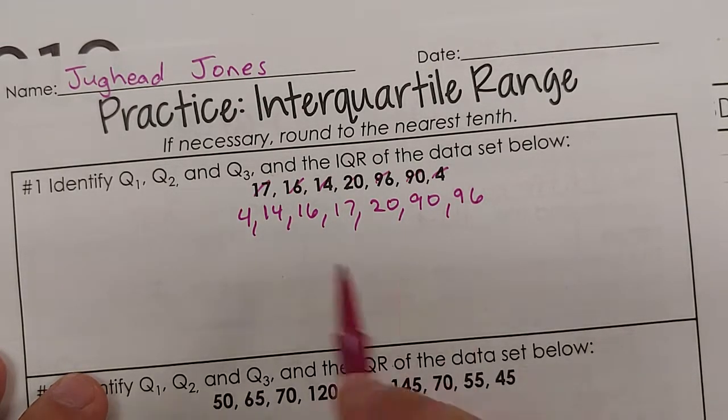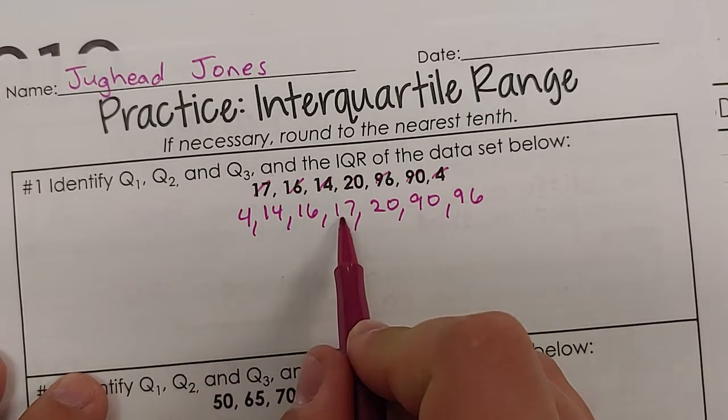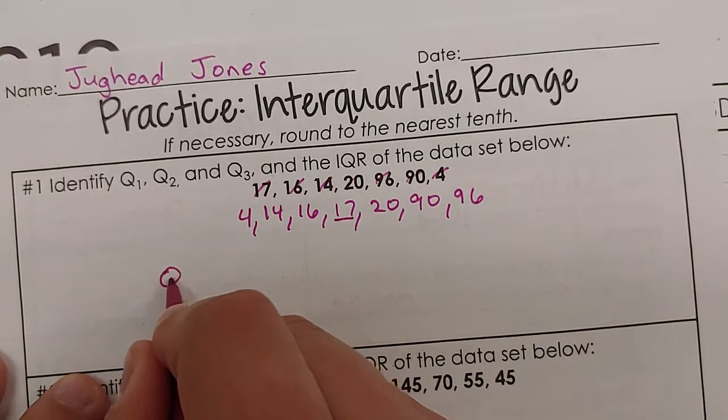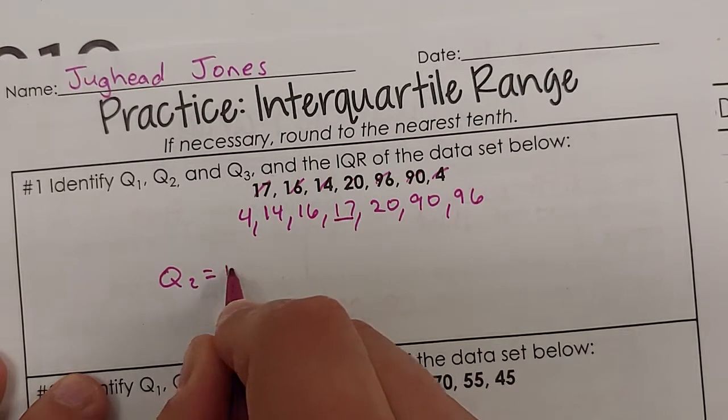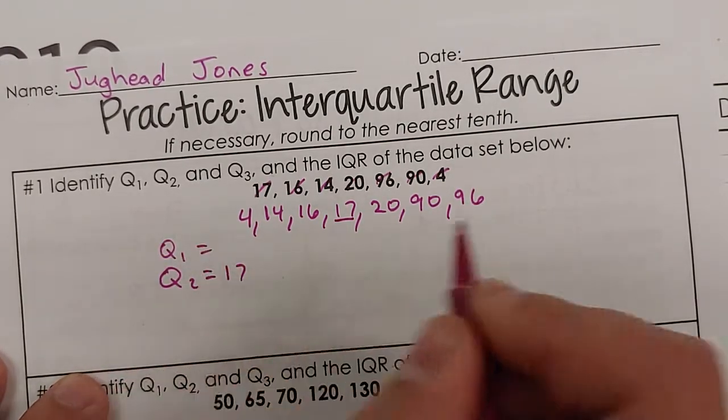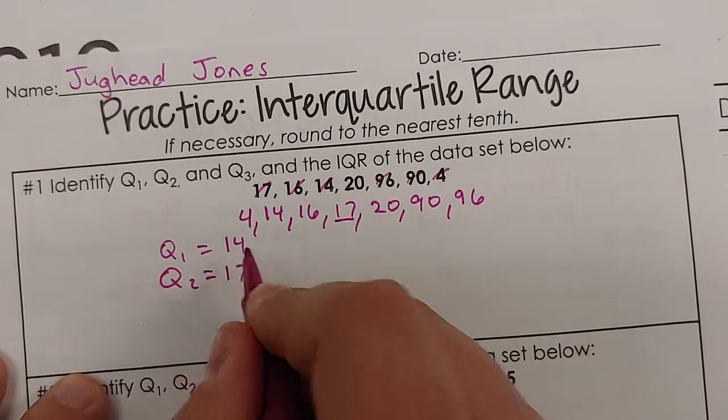Okay, 1, 2, 3, 4. This right here is our Q2. So Q1 will be 14.